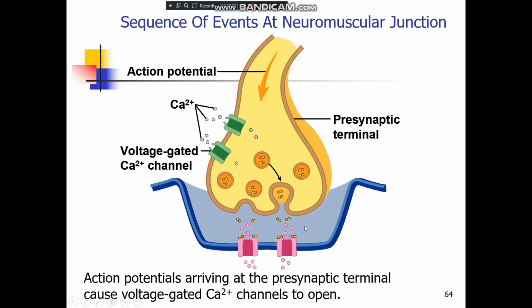And on the surface of the muscle membrane, there are acetylcholine receptors. These are the acetylcholine receptors, and the acetylcholine binds to them.